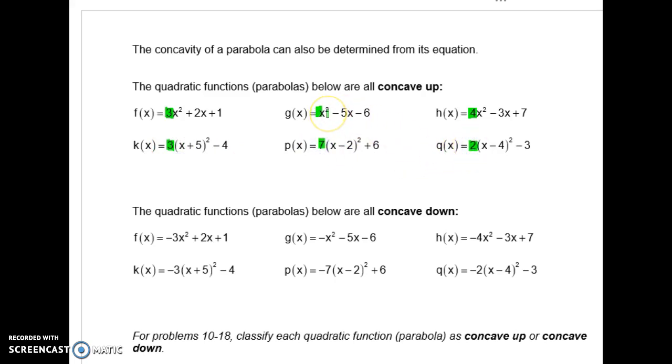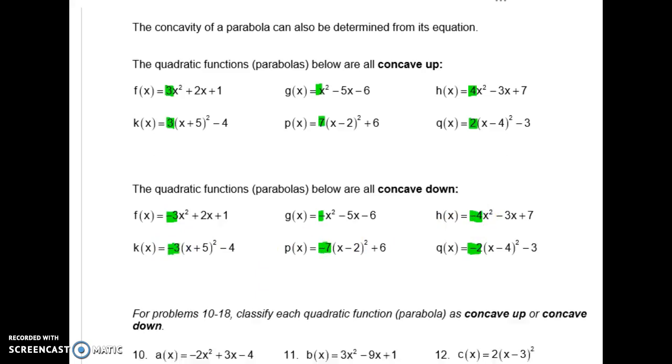Now the one that's a little bit tricky is that one in the middle at the top. And that one has a coefficient of 1. It's a 1x squared. All right. So the other ones down here all have negatives in front. And so they're going to open down. And again, that's the distinction between concave up or concave down with the equation.